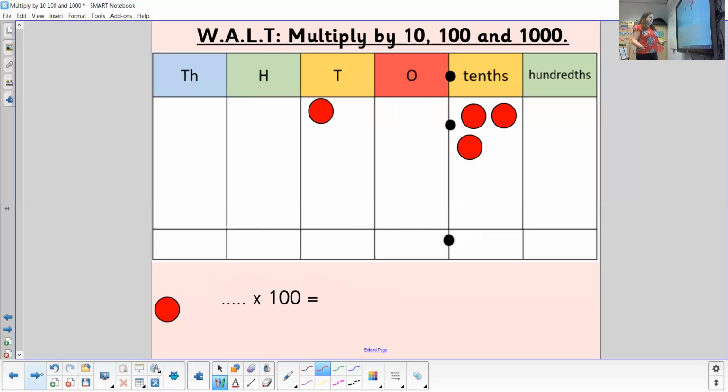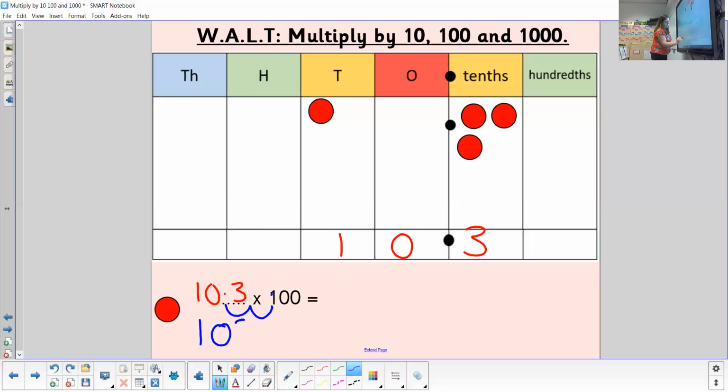Okay, this time I'm times it by 100. So again, I've got my 10.3. So put in here my 10.3. 10.3 times 100. Going to move my points 2 places. 1, 2. It goes there, so I will need to put 0 in that gap.